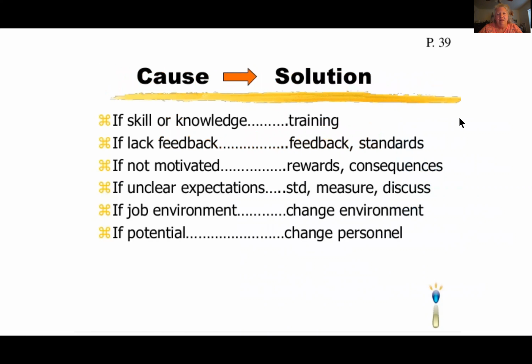So here are some things that cause workers in the workplace to not perform like they should. Like I said, do they lack the knowledge? Do they lack the feedback? Do they not know that they're doing something wrong? Are they not motivated? Are they unclear of what's expected? And sometimes I think students are unclear and they don't ask questions.